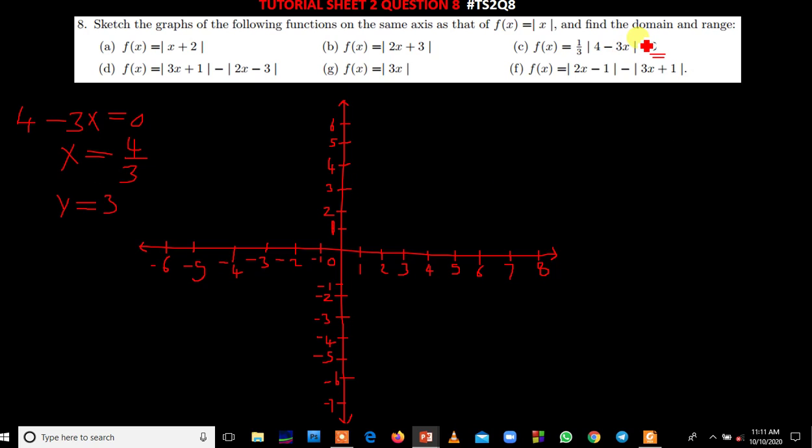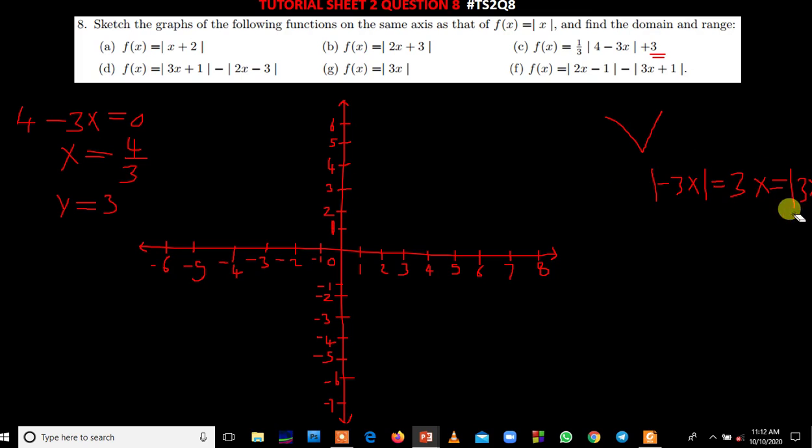Whether there is a negative or a positive, the graph will still come out the same, will still face up, because the absolute value of negative 3x will just give you 3x, which is the same as the absolute value of 3x. This is just simple mathematical language.